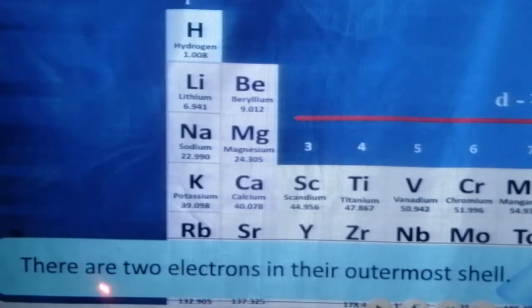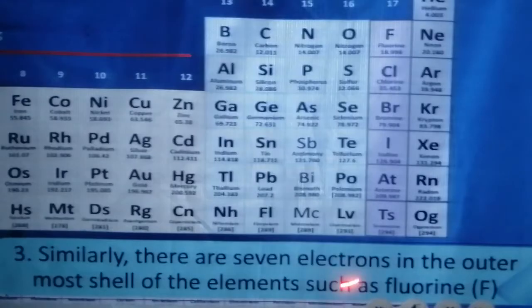Magnesium has the electronic configuration 2, 8, 2. That's why magnesium gives 2 electrons to other elements, so its valency is 2. And the other element takes 2 electrons, so its valency is also 2. There are 2 electrons in the outermost shell, that's why the valency of magnesium is 2.